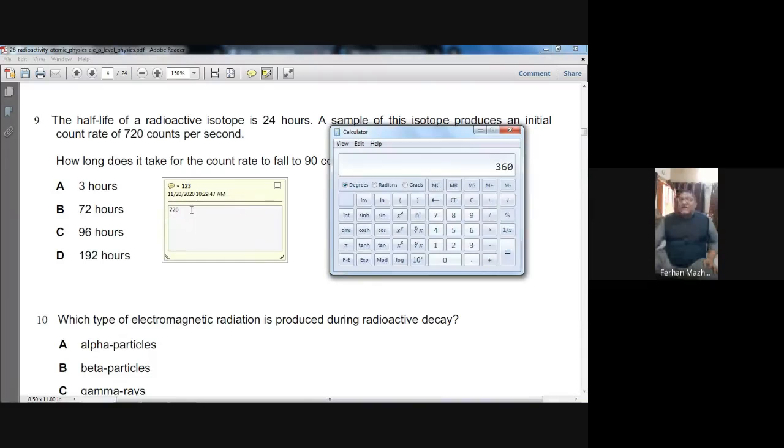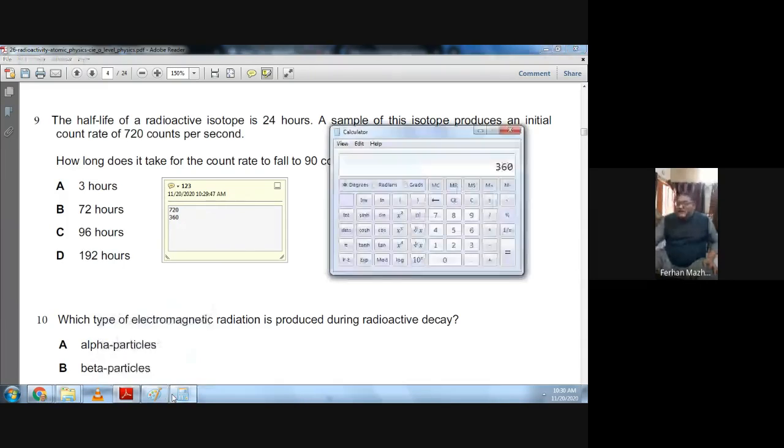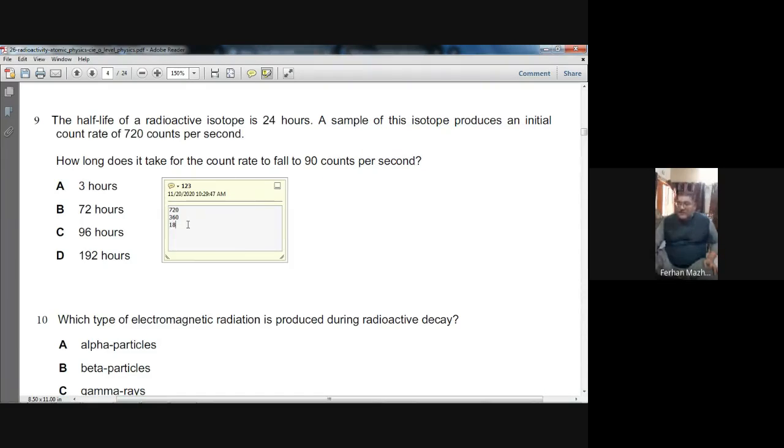When another half life passes, it will further decrease. 360 will be half, 180.